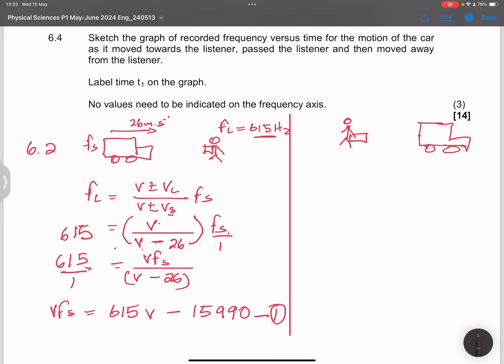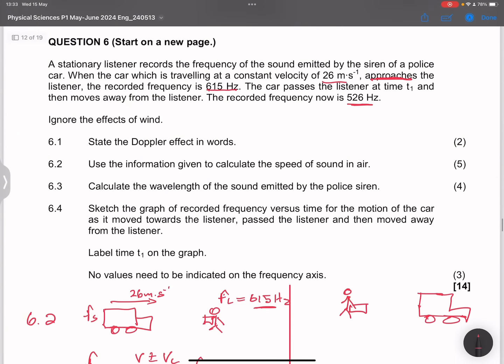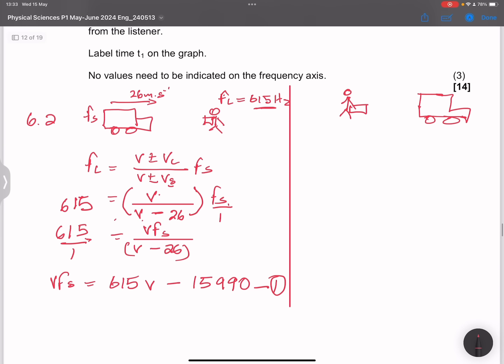Okay, so I'm going to use the same formula, but now let me substitute. This is going to be 526 hertz. So that's 526, which is equal to V divided by, only this time it's going to be V plus 26, right? Times Fs over 1.